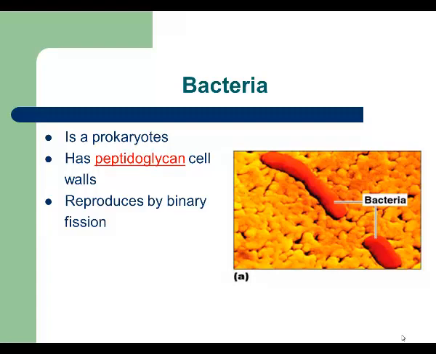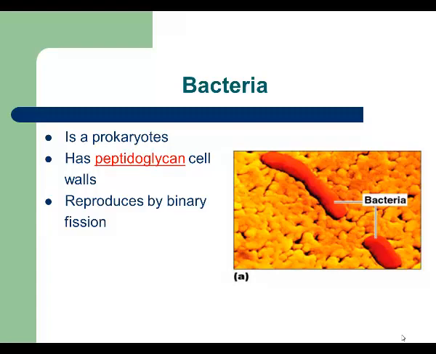And those new cells do the same thing. They grow, double their mass, then divide in half and produce two new cells. So there is no mitosis, no meiosis here. Please remember, bacteria reproduce by binary fission.